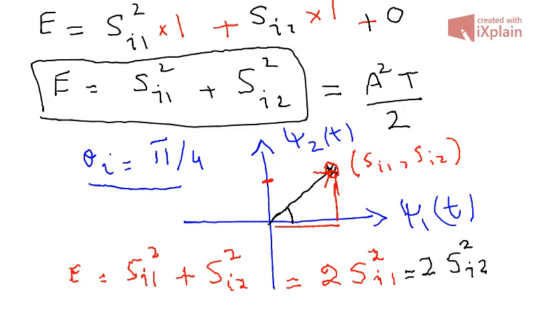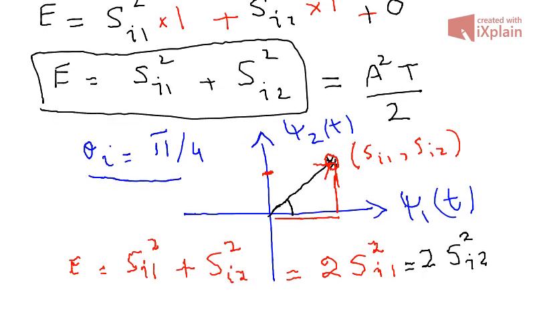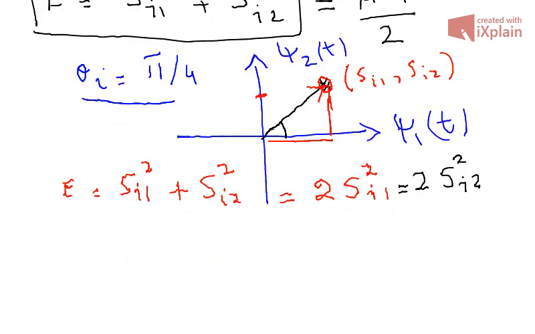So both are equal. From this equality, you can now verify, we already got a proof. You can say that this implies that 2 times ψ1 square is equal to E, right?